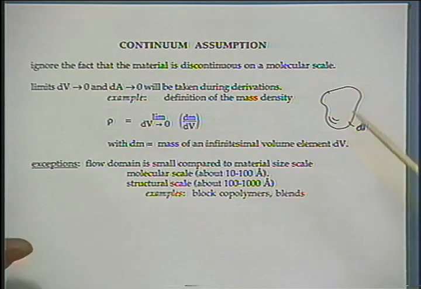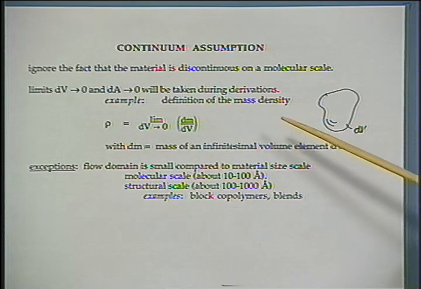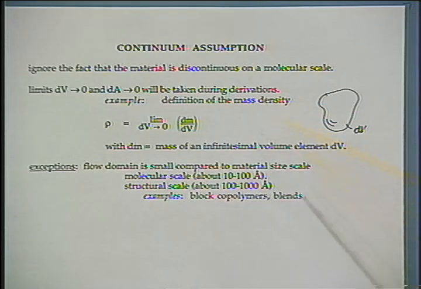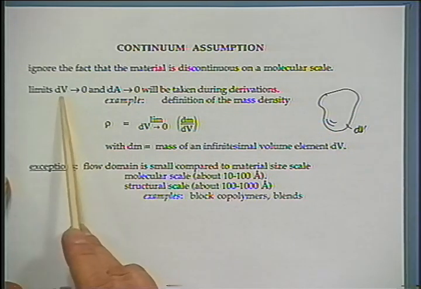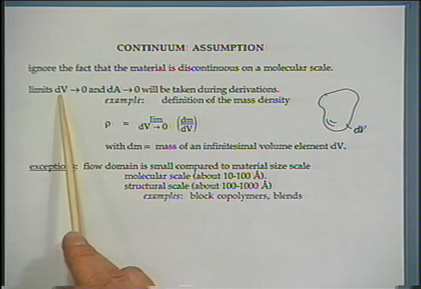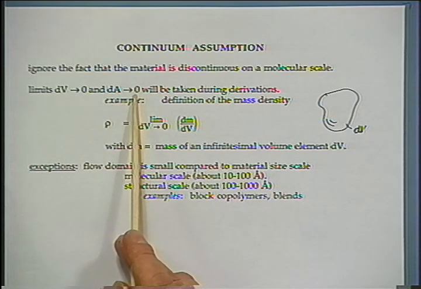In spite of this, in most cases, for one thing, we don't know better, and also for many applications, the continuum assumption holds. So in many derivations, we will just assume that the properties continue to zero volume. We just include those limits, or zero area. We will use this in our derivations.